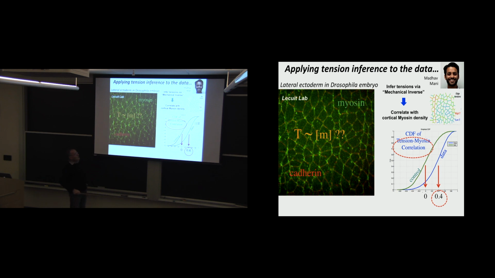So then we can just compare predictions there to the local level of myosin, and lo and behold, the median correlation that comes out is 0.4. And it is so hugely statistically significant.